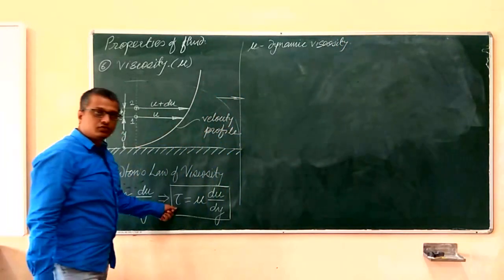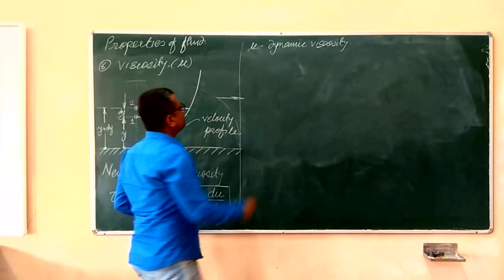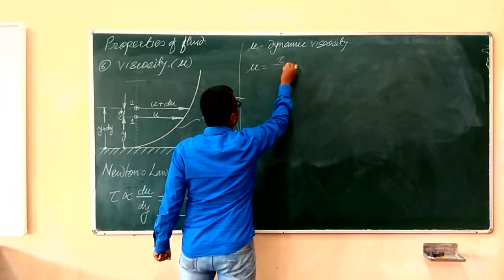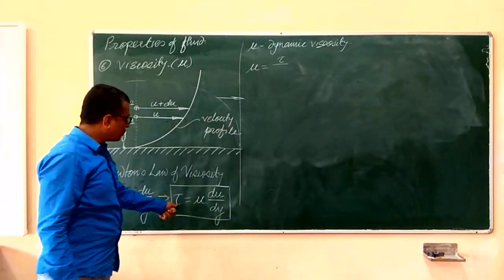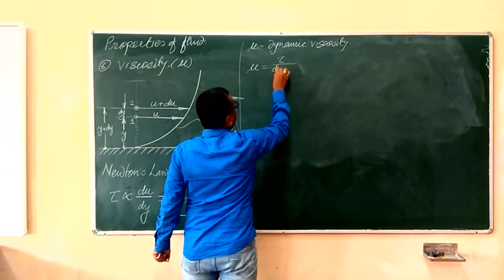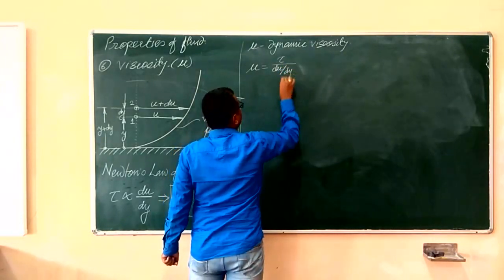And from this equation, we can write the equation for the dynamic viscosity as mu equals tau divided by du by dy.